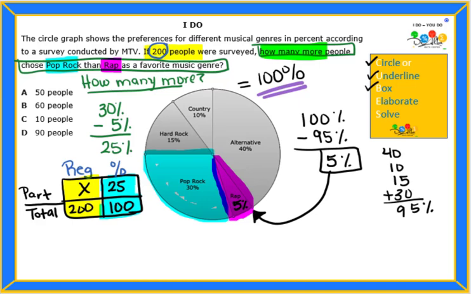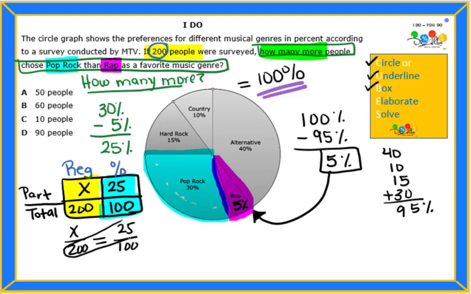So now we are going to set up our proportion. So we have x over 200 equals 25 over 100. And we're going to cross multiply and find our cross products.